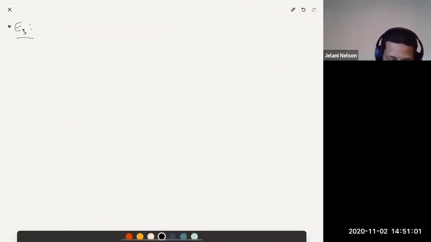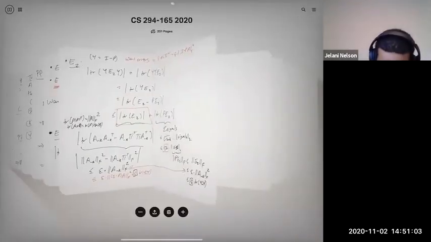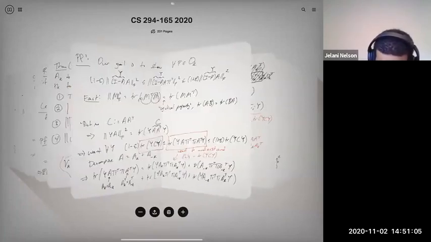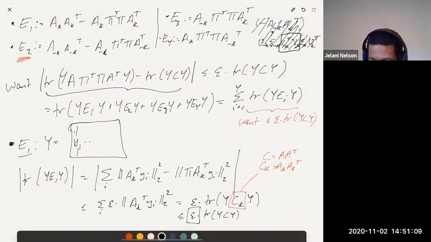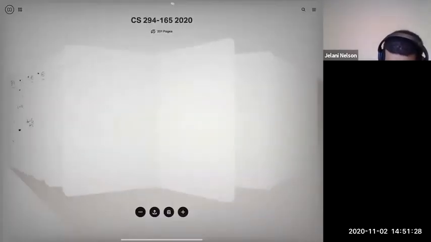So what is E3? E3 is, where is E3? Here. E3 is I have an A minus K and I have an AK. So it's one of the cross terms. First thing to note about E3 is that both E3 and its transpose are in the column space of A. So how am I going to use that fact?